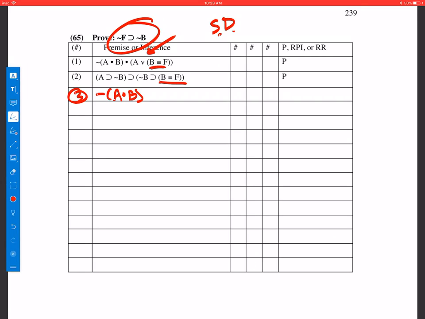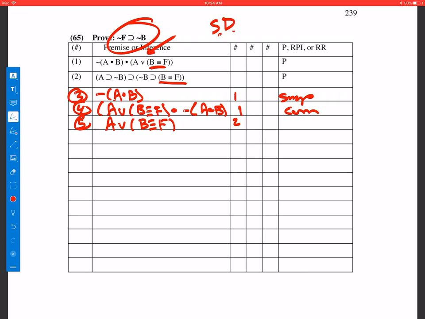Let's work on doing that first with number 1. Let's simplify not A and B from 1 simplification. And let's rotate the parts on 1. So A or B if and only if F and not A and B. That's 1 by com.